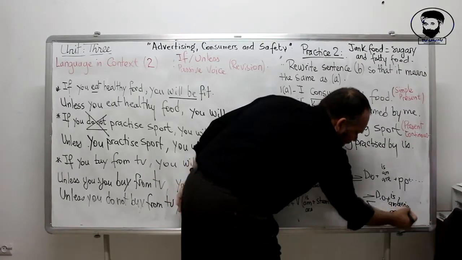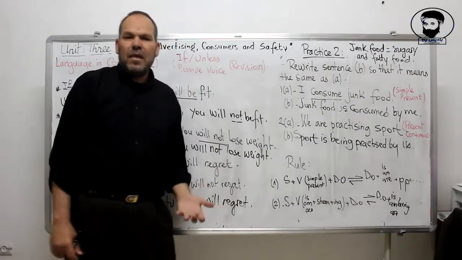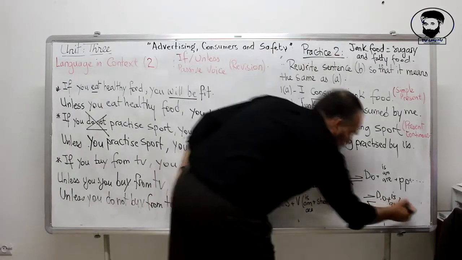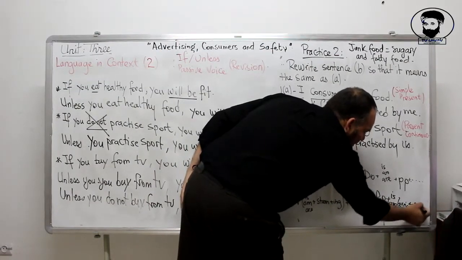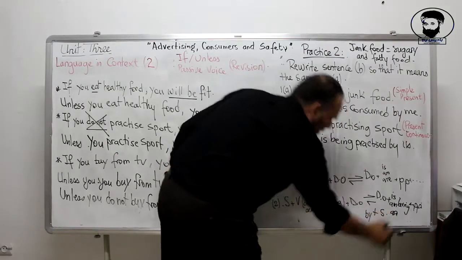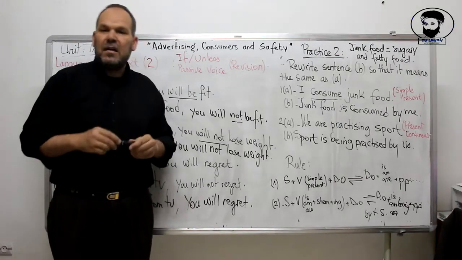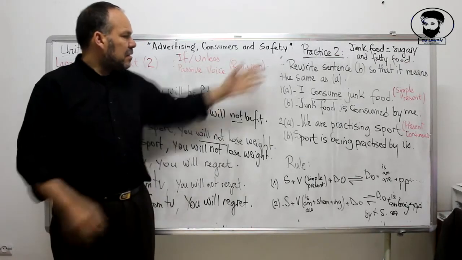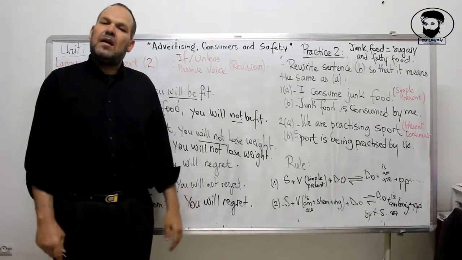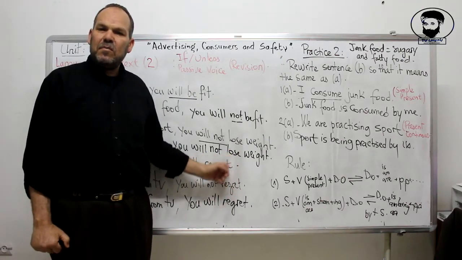Remember not to forget the being, because it's a continuous form. Being plus the past participle of the verb plus by plus subject. So this is the form of the passive voice that we have revised in this short time. Good luck, please, and try to practice as much as you can.